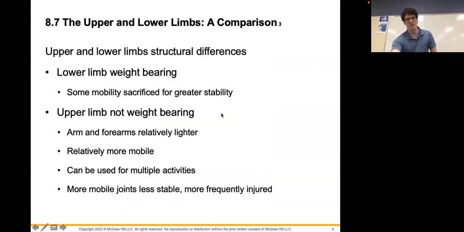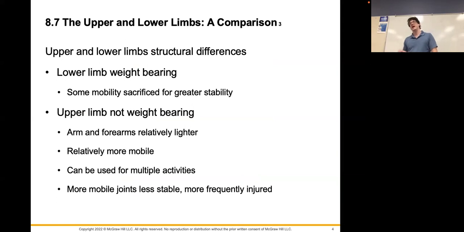Now, upper and lower limbs are going to be very, very different, okay? One, your lower limbs have to hold your weight, okay? That is a big deal. My hands do not have to carry my 200-pound body all over the place. Instead, they get to do things like pick up remote controls and break eggs.